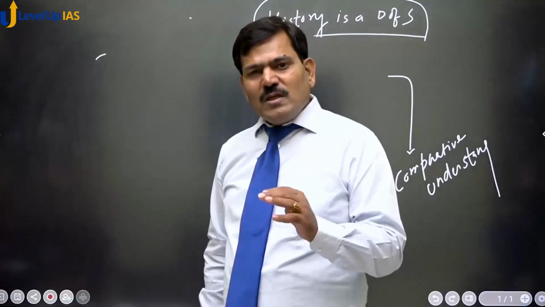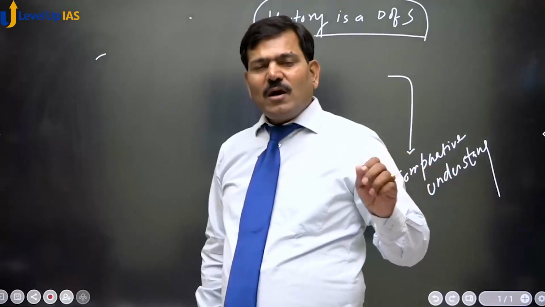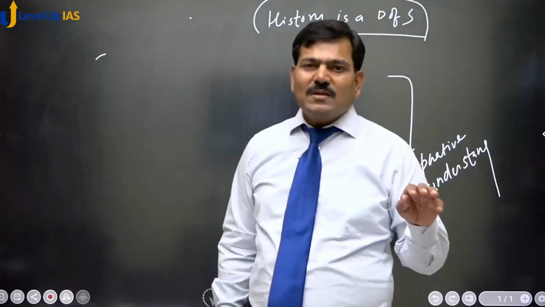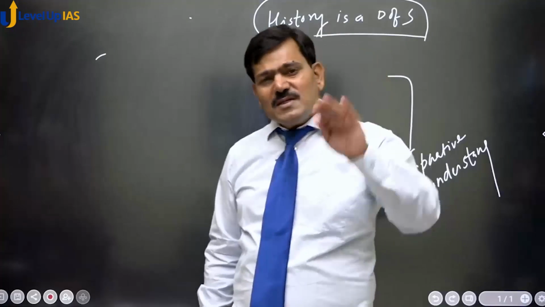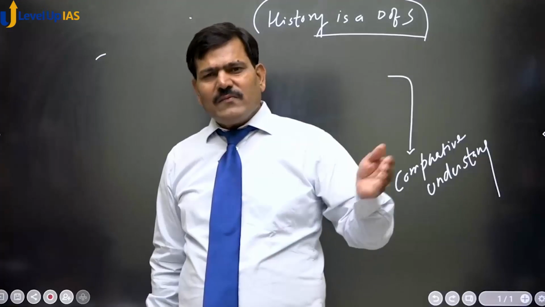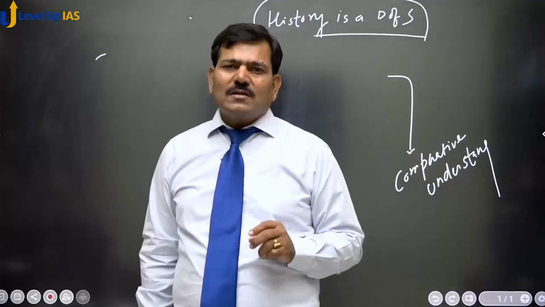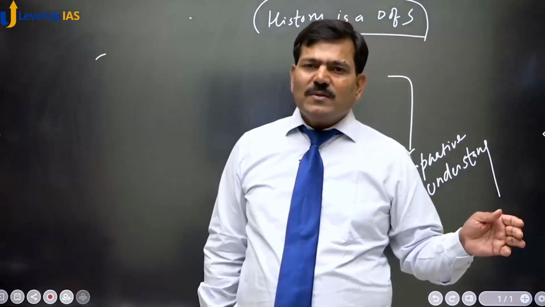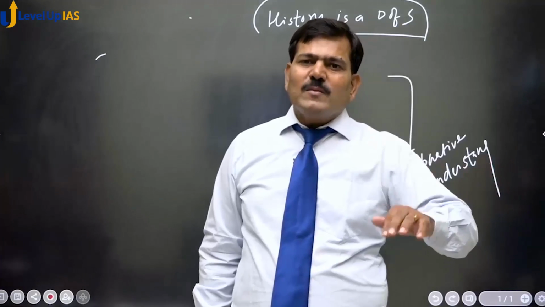If you want to deal with painting, you have to understand the basic points you have to cover in painting. If you deal with architecture, you have to understand the basic points you have to deal with in architecture. Then you will deal differently with different facts about the Dravidian or the Nagar style, or the Gandhar or Mathura.